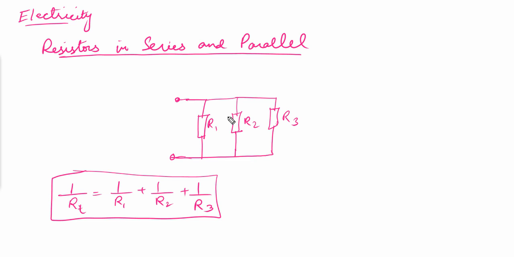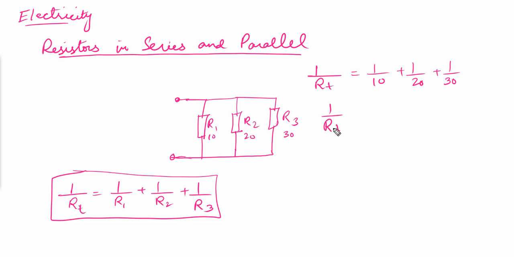So for example, their resistance is 10, 20, 30. So 1 over R total equals 1 over 10 plus 1 over 20 plus 1 over 30.